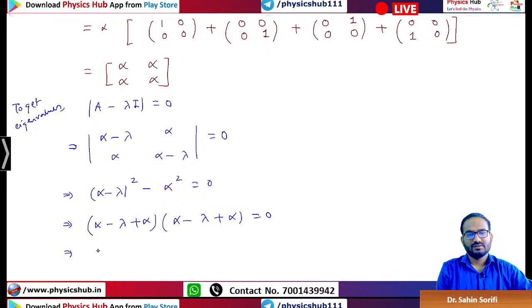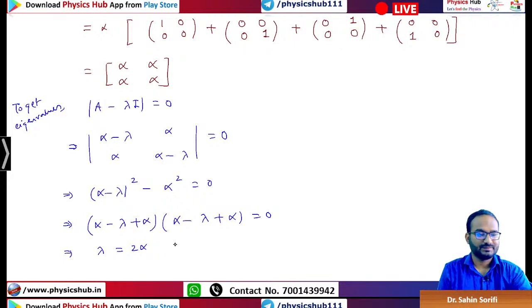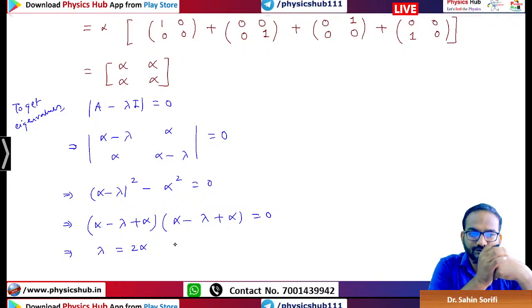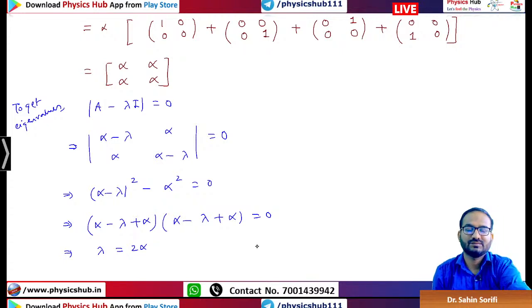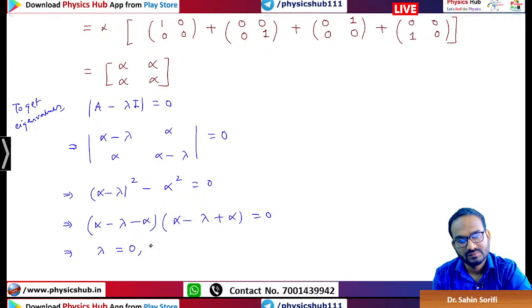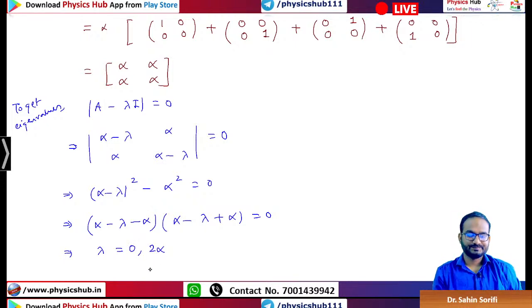So this is giving you lambda equal to 2 alpha from one factor. Oh, both the terms you have written the same, minus plus. Okay, so one term is giving you 0, and another one is 2 alpha, right?